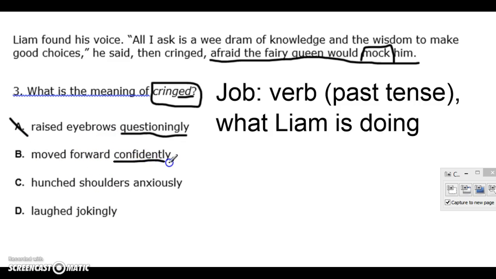Confidently means that you are feeling good and positive and strong, which again doesn't match afraid, so I'm going to cross off B. C, hunched shoulders anxiously. Being anxious kind of matches being afraid, so this one is seeming a little bit more accurate. D says laughed jokingly. You wouldn't laugh if you were afraid either. So the only answer that's sort of negative and would match being afraid is C.